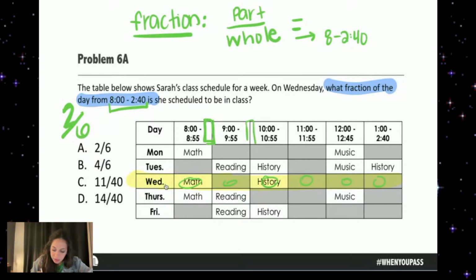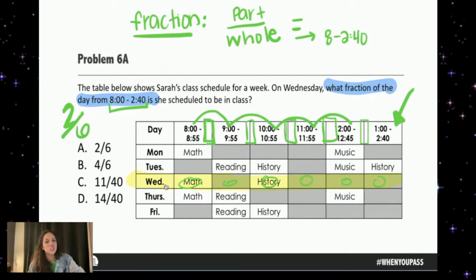Here's another 5-minute gap. Here's another 5-minute gap. Here's another 5-minute gap. Here's a 15-minute gap. And these sections are all the same. This is an extra long section. So it's not even an equivalent block to the rest of the blocks. And that's what they were trying to trick you on.